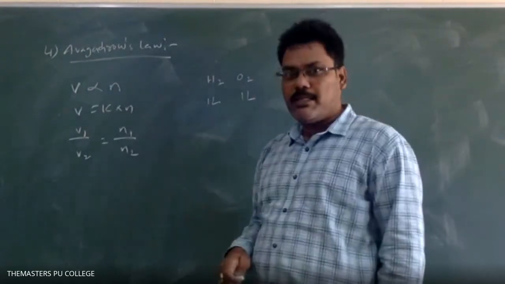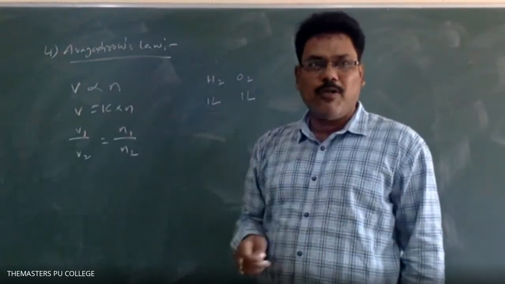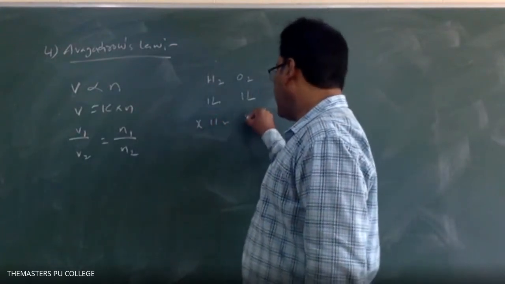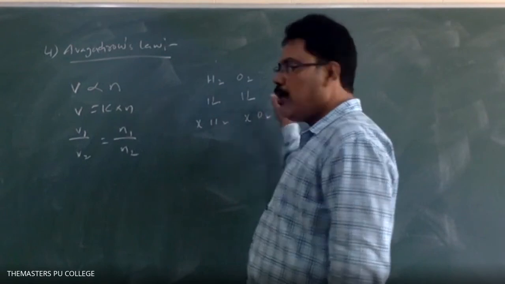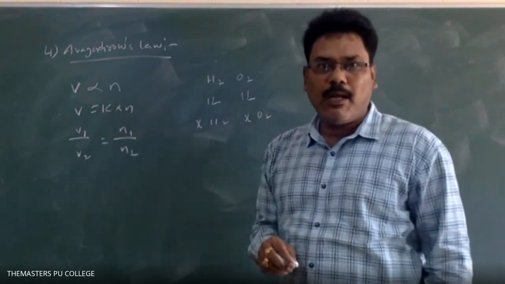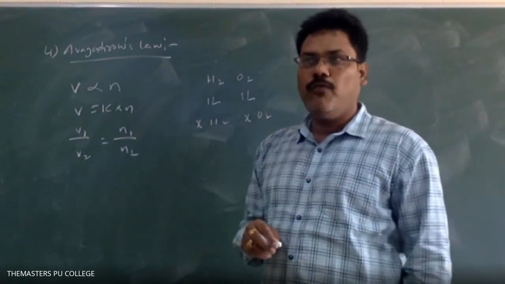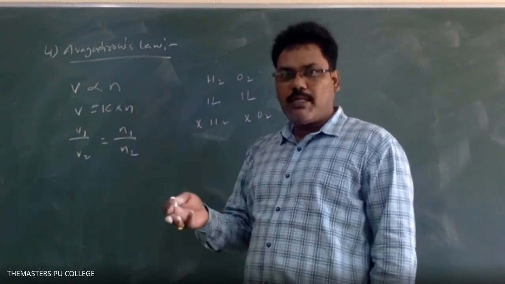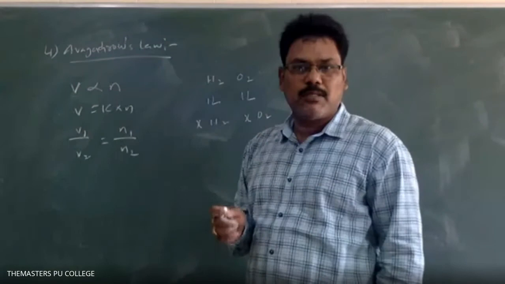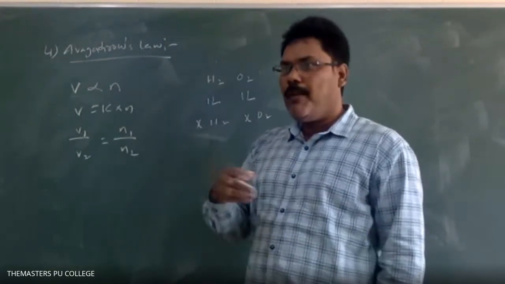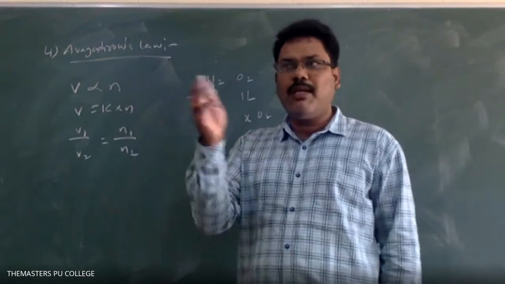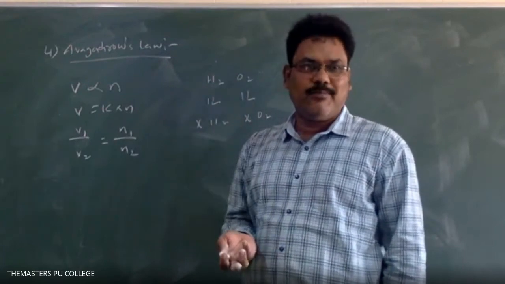They will contain the same number of gas molecules, that is X number of H2 molecules and X number of O2 molecules. So the number of molecules is the same, which means the number of moles of that gas is also the same.